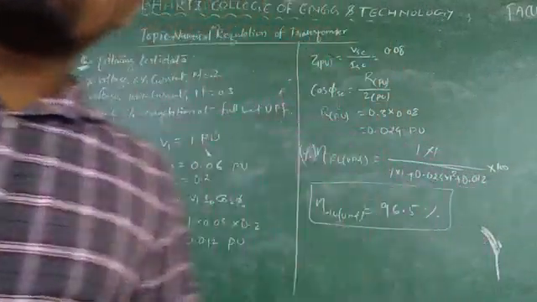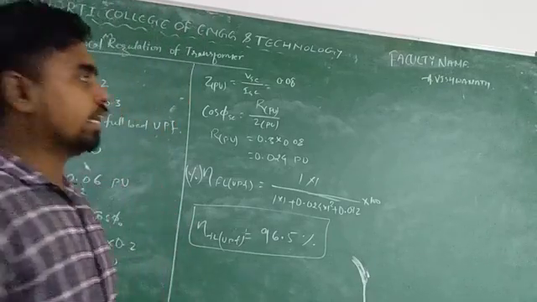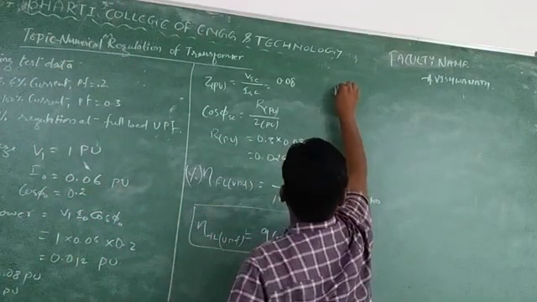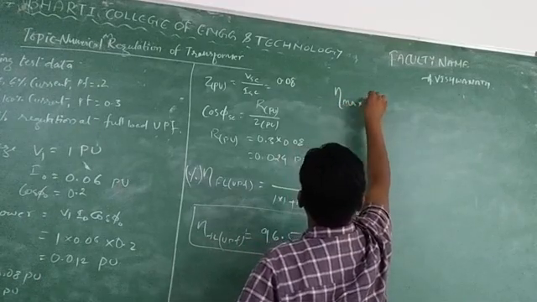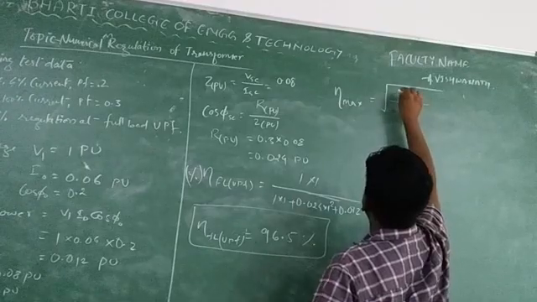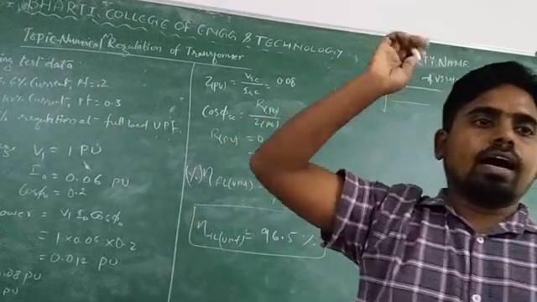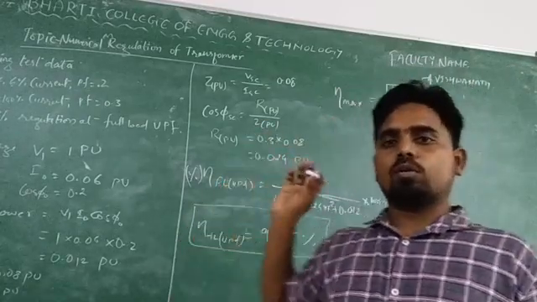Now, we can find the maximum efficiency by this formula. This is nothing but the iron loss upon copper loss.